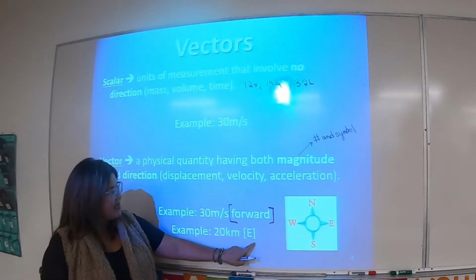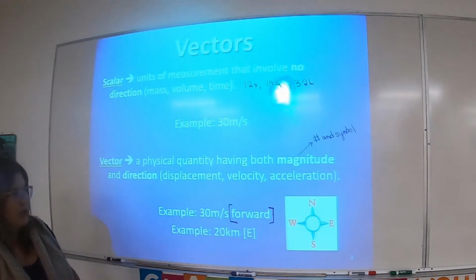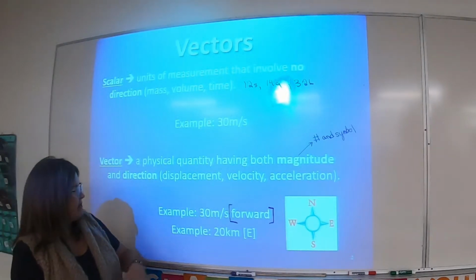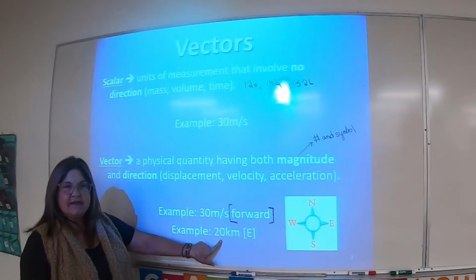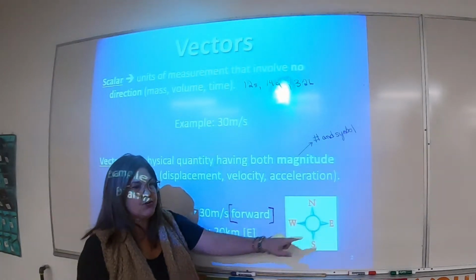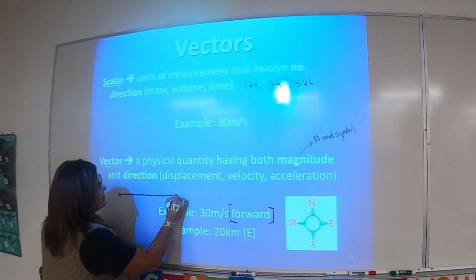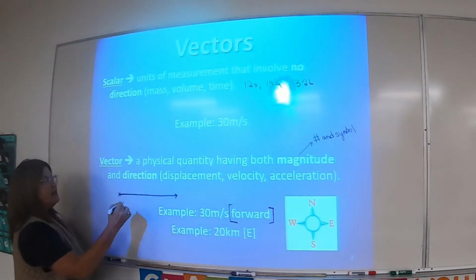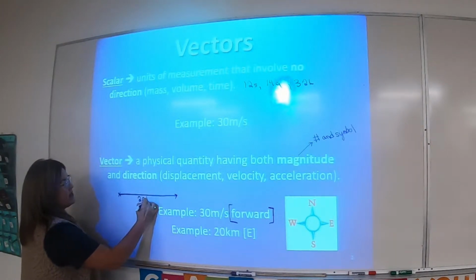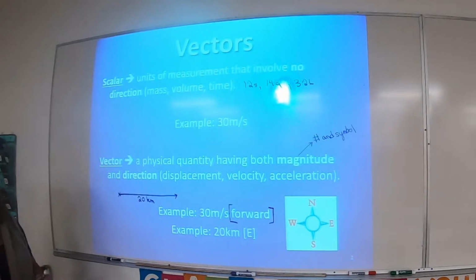Notice this one has the square bracket, not the rounded, it's square. This would mean the object went 20 kilometers in the east direction. So from the start, in that direction, east, it went 20 kilometers.